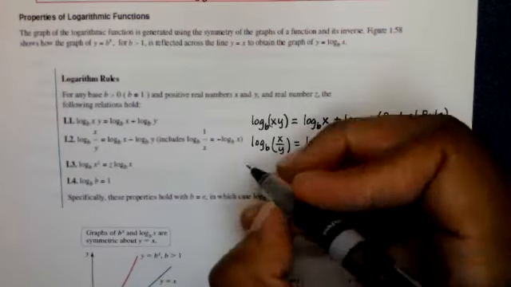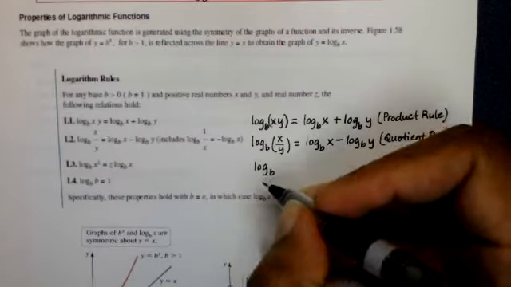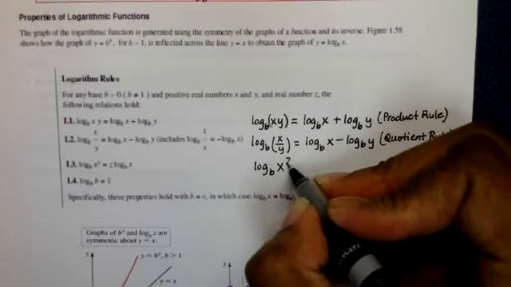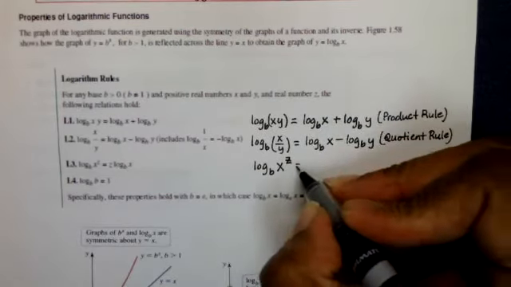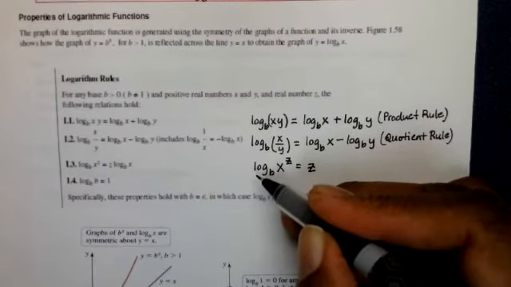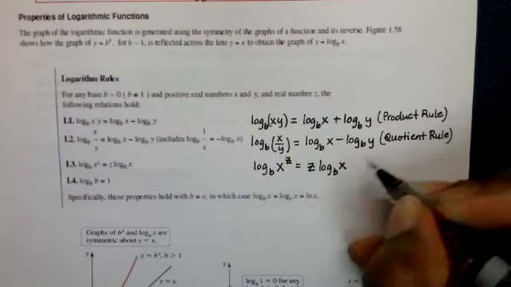And then the third one is the power rule, where you have log to the base b of x to some power z. That means we bring the exponent up front as the coefficient of log to the base b of x.